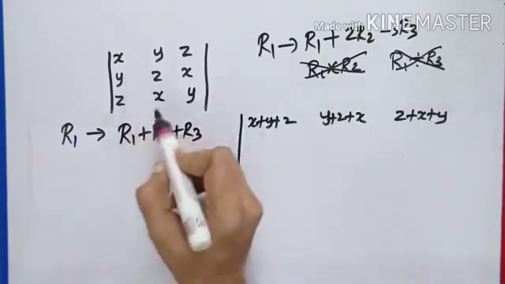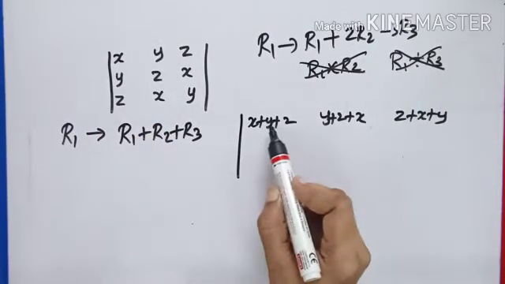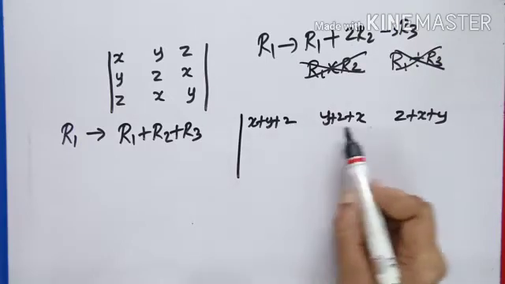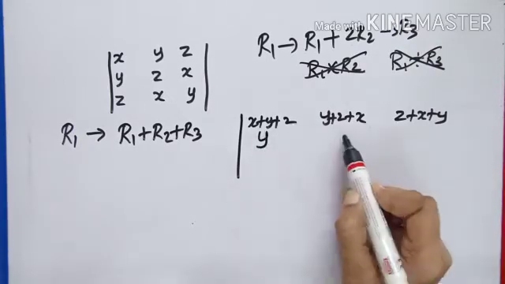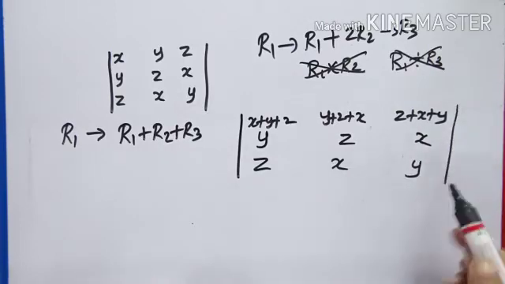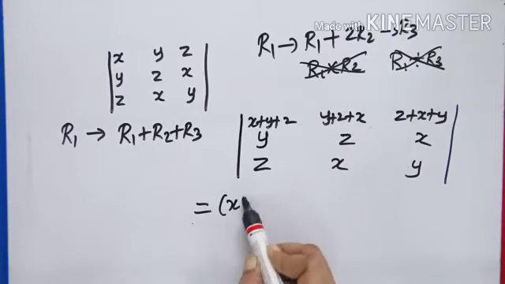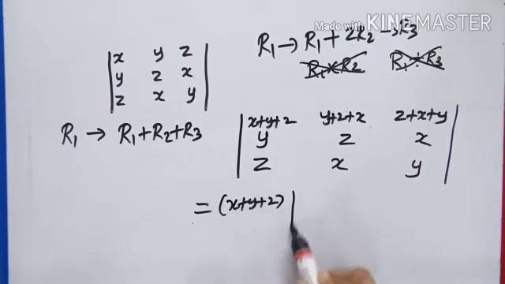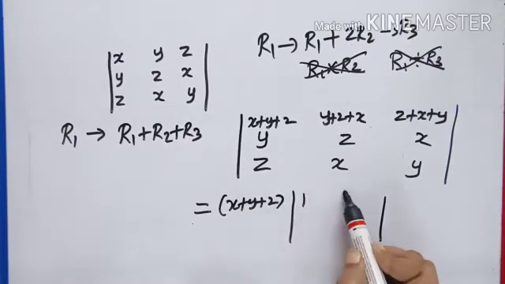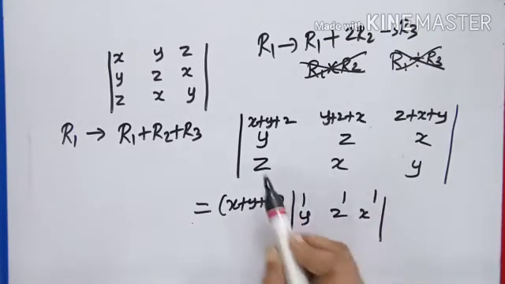So in this case, by adding R1, R2, R3, I get first row as X plus Y plus Z throughout. Second row, no change. Third row, no change. Now this helps me. First row, X plus Y plus Z is common. If I take it out, I get 1, 1, 1. Second row, Y, Z, X, no change.